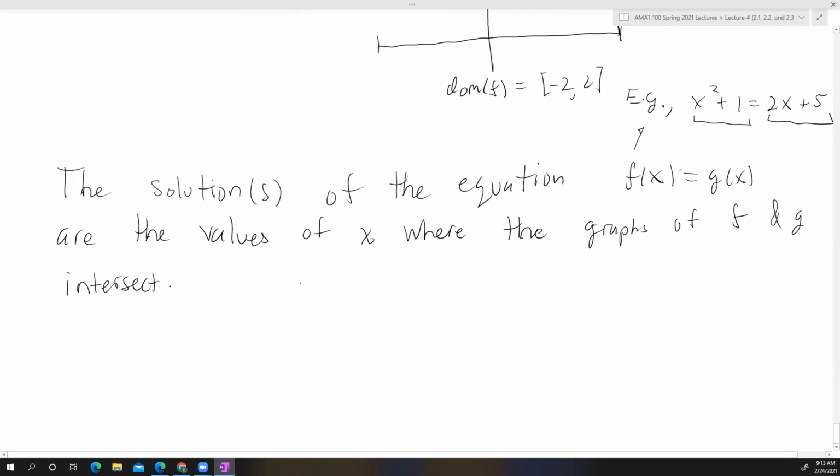That's basically what it means when you have these two expressions equal to each other. It's saying that the graph of this one function and the graph of this other function, they intersect at some point.